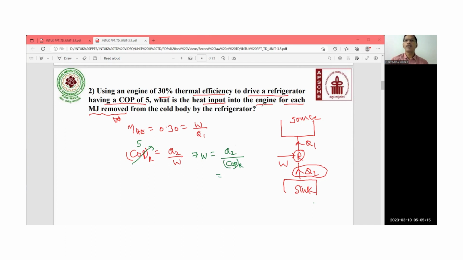For each megajoule removed from the cold body, that means Q2 is 1 megajoule.